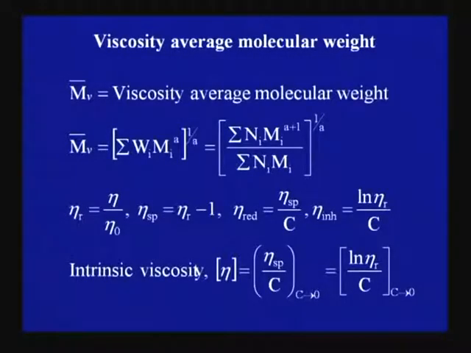Now, the most important thing that comes is the viscosity. Since it is viscosity average molecular weight, how are these viscosity average molecular weight data obtained? That means, how can these data be generated from the polymer sample you have? You have a polymer sample, and you are asked to measure the viscosity average molecular weight.